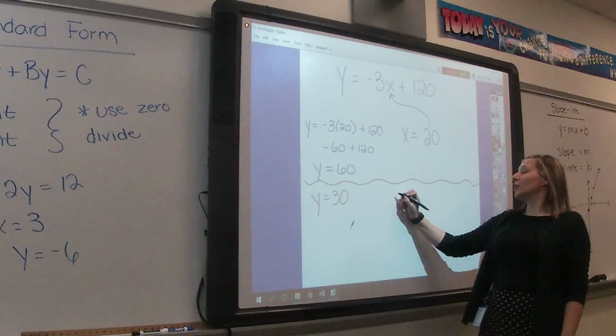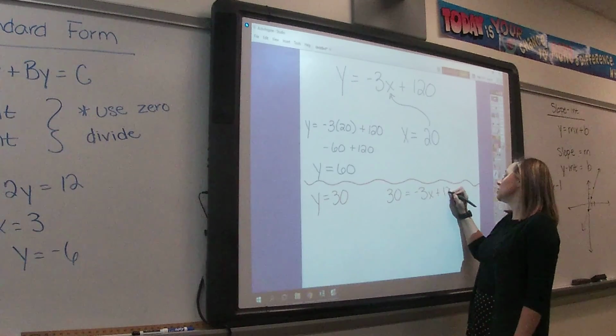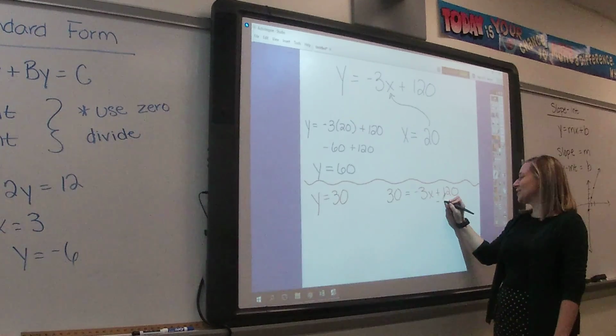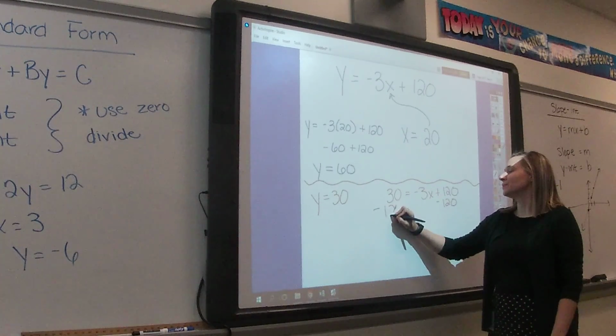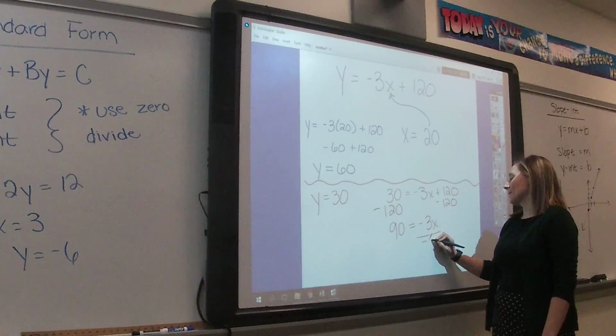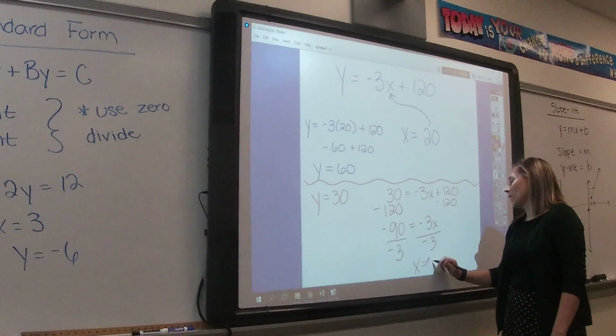So if I say 30 equals negative 3x plus 120, subtract the 120. This is an equation I know how to solve. And you divide by negative 3. Oops, this is a negative 90.